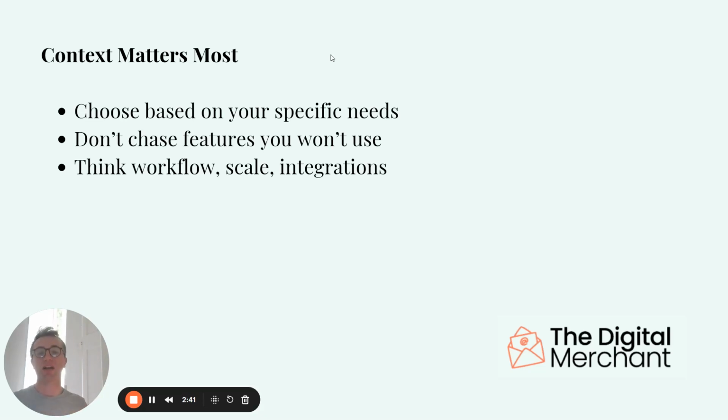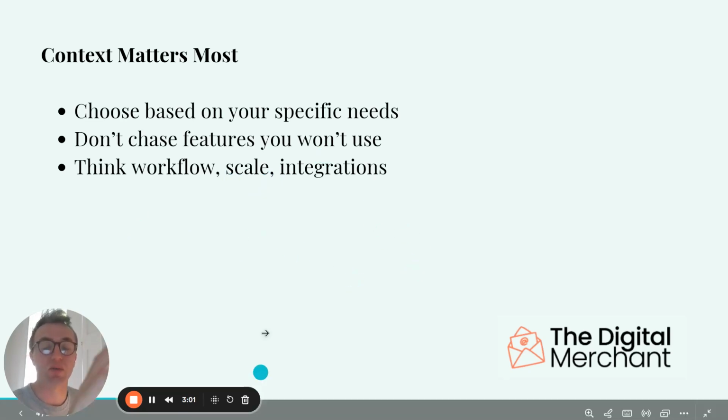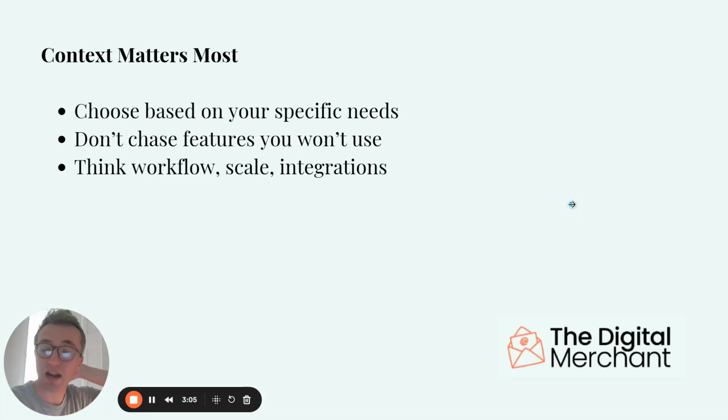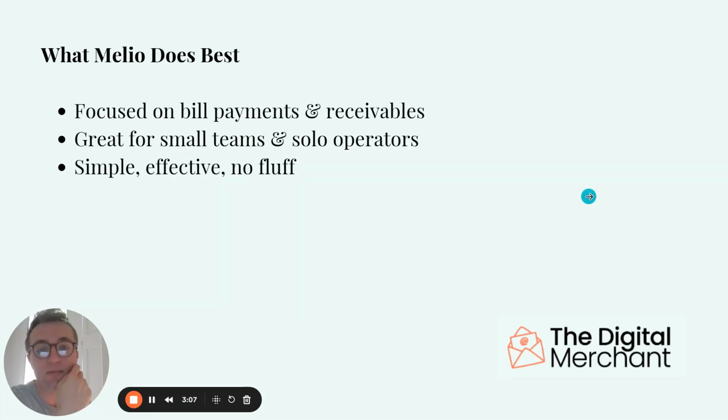Don't look at the marketing content of each company and be swayed by all the features and all the flashy promotion and all that kind of thing. Think about features you need and think about which company offers a suite of features that best matches your requirements. Think about your own workflow. Think about the scale of your business and where it's going, and think about the available integrations with the tools you already use and want to keep using.